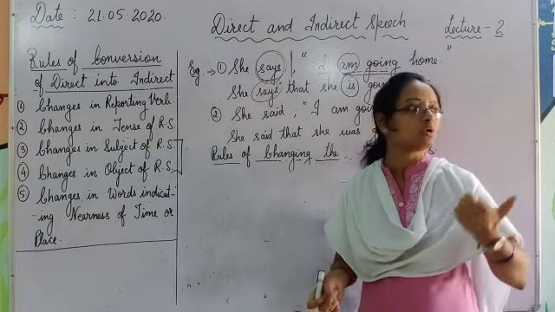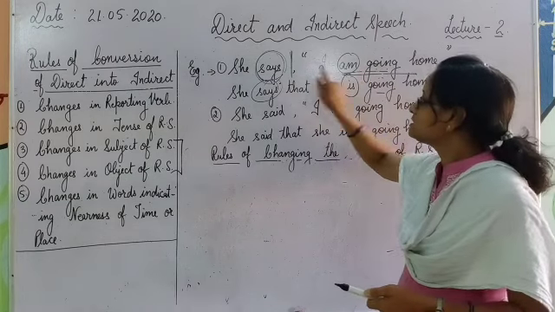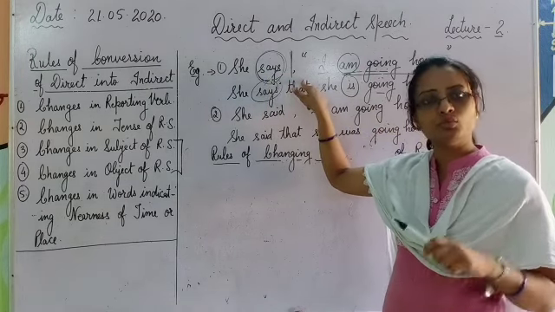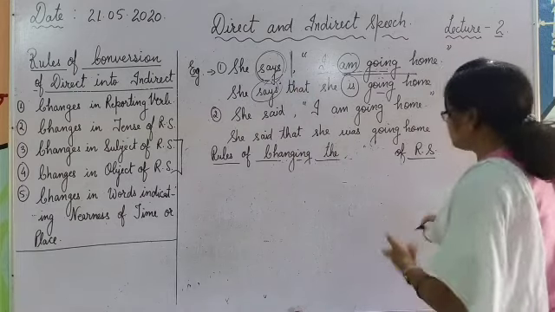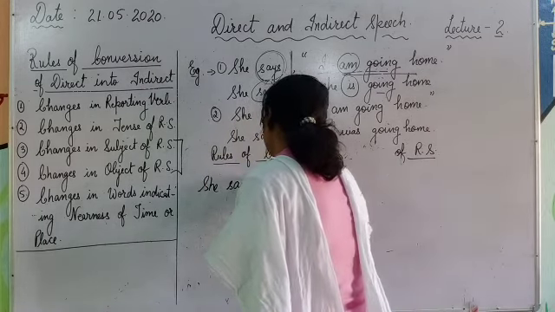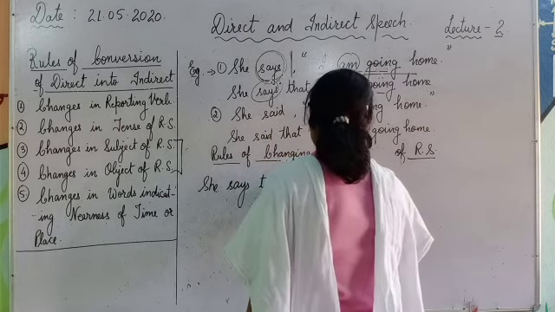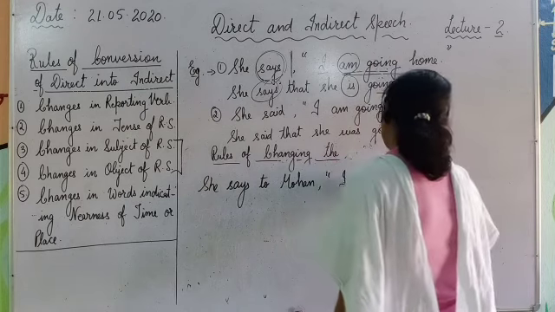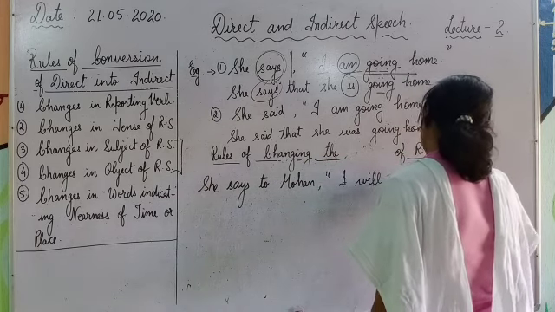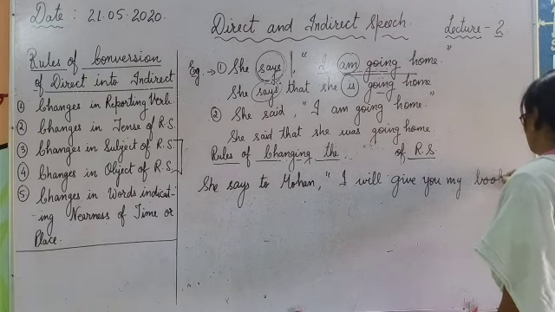I give you. The object of the verb give is you. So it will change. Look at this example. She says to Mohan, I will give you my book.